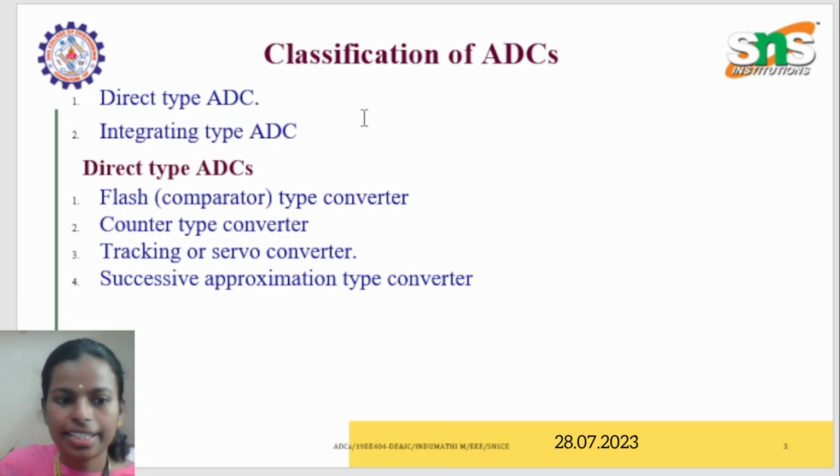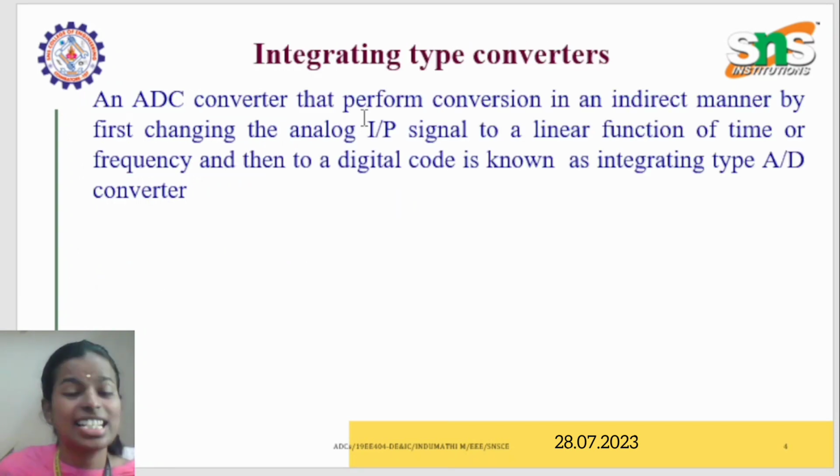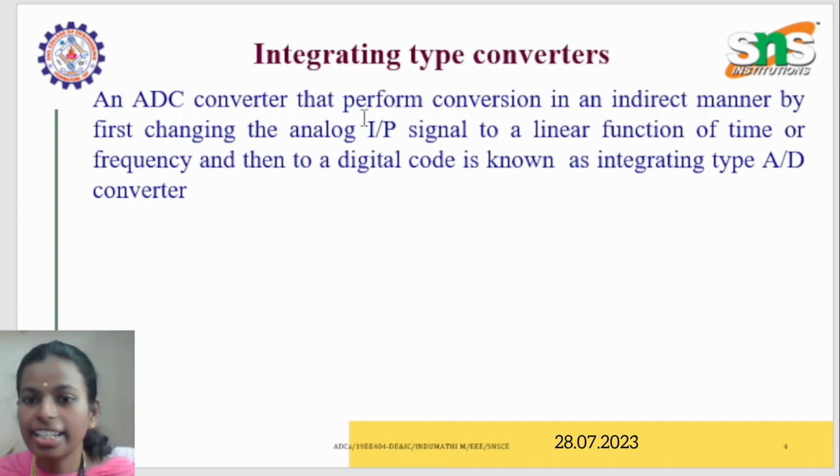Next, we'll see what an integrating type converter is. An ADC that performs conversion in an indirect manner, by first changing the analog input signal to a linear function of time or frequency, and then to digital, is known as an integrating type ADC.